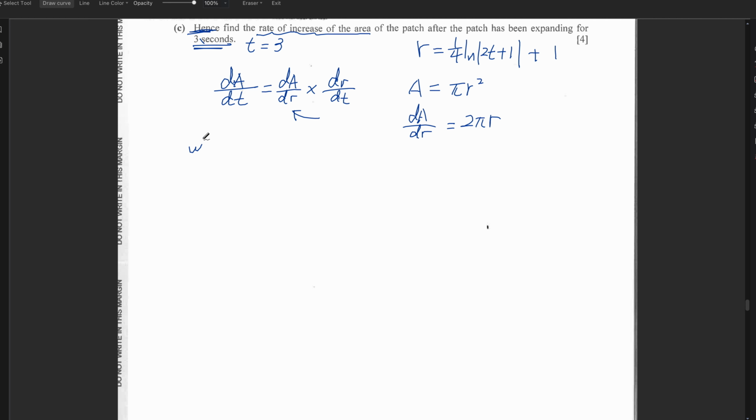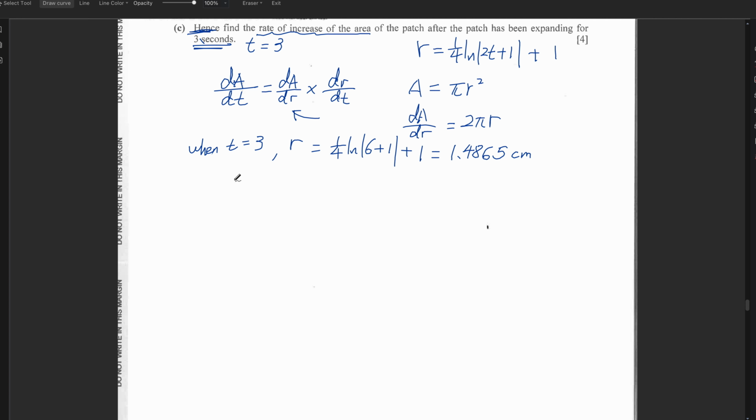When t equals 3, r equals 1/4 ln(6 plus 1) plus 1. This gives me, on the calculator, 1.4865. I'm going to leave the answer like this first because it's intermediate steps. I don't want to do 3SF now.